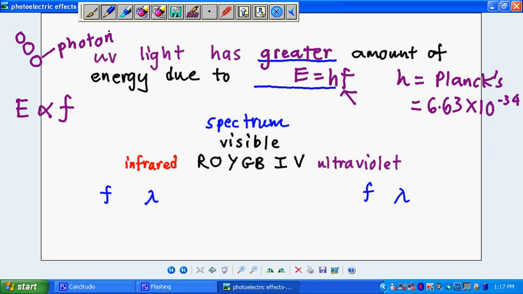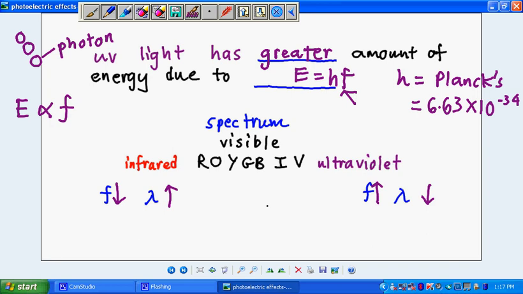Before we go further, we look at this spectrum of visible light. We know infrared is next to the red color and ultraviolet is next to violet. And we know that the frequency of violet is higher, the wavelength shorter. For infrared, the frequency is very low and the wavelength is very long.